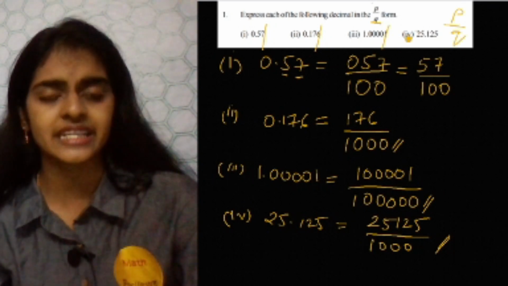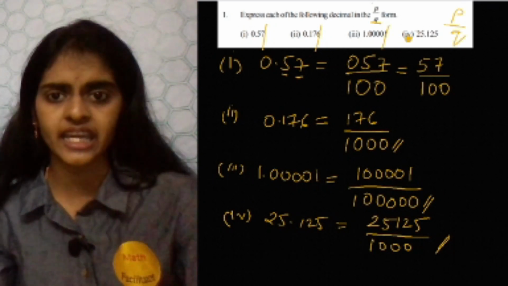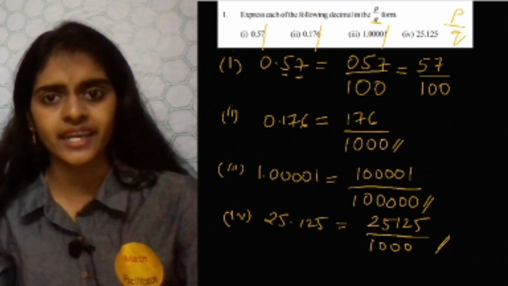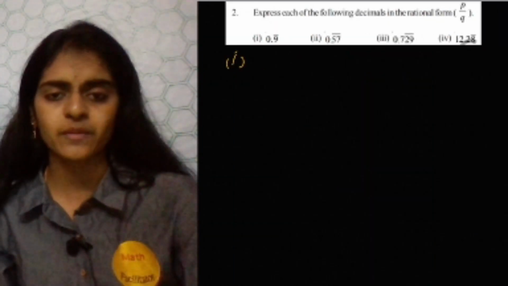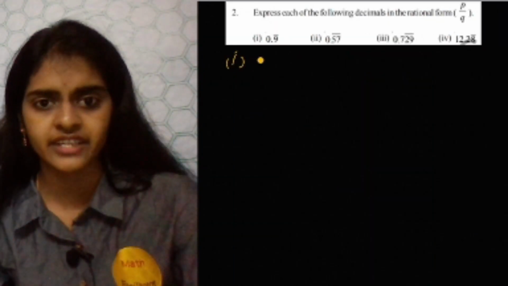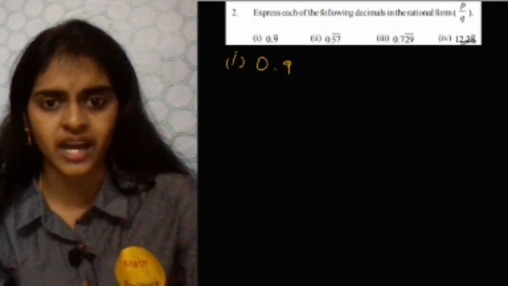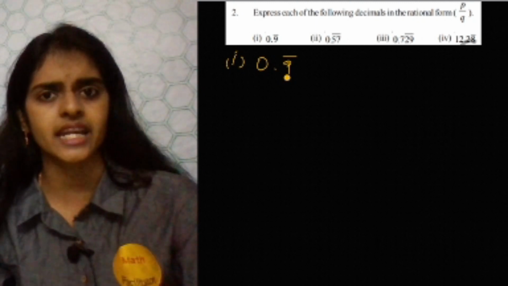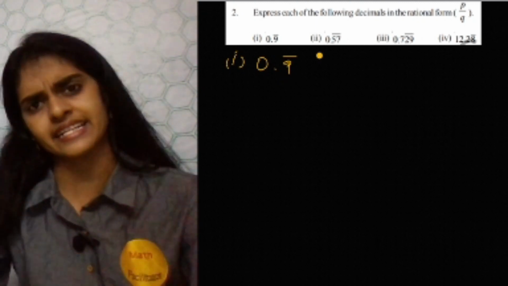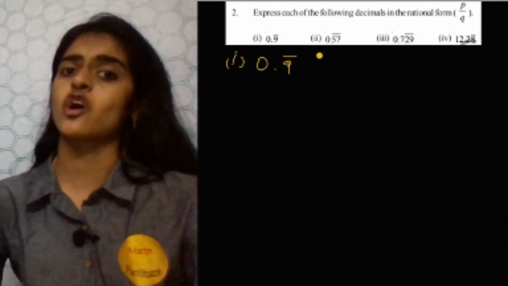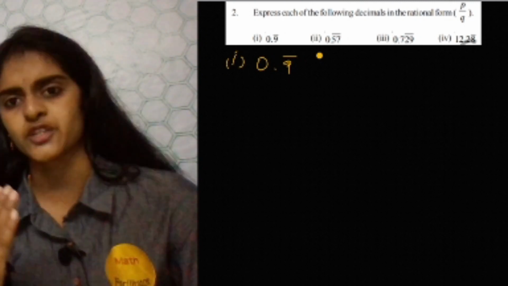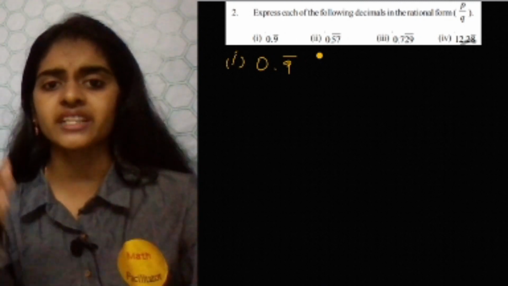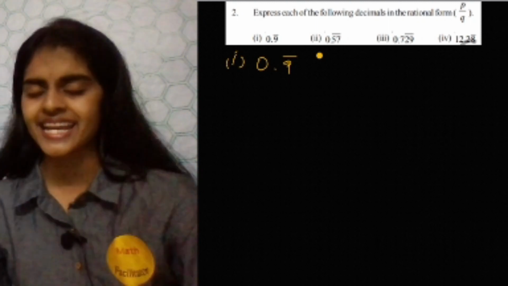They are not repeating or recurring. But here these decimal places are non-terminating. You have 0.9 bar, isn't it? In the concept video we have learned that 0.9 bar is nothing but 0.9999 and so on. So it is non-terminating. There is a different procedure which we follow to convert these non-terminating decimals to a rational form.